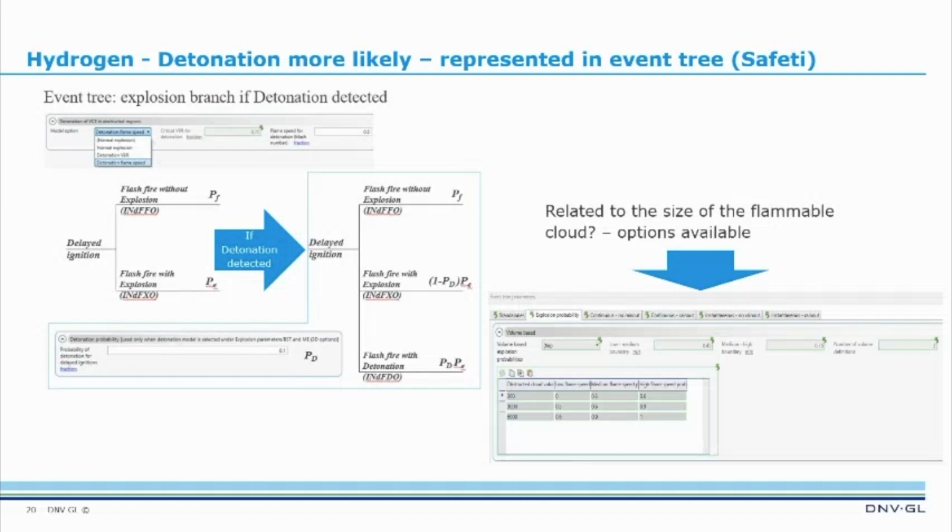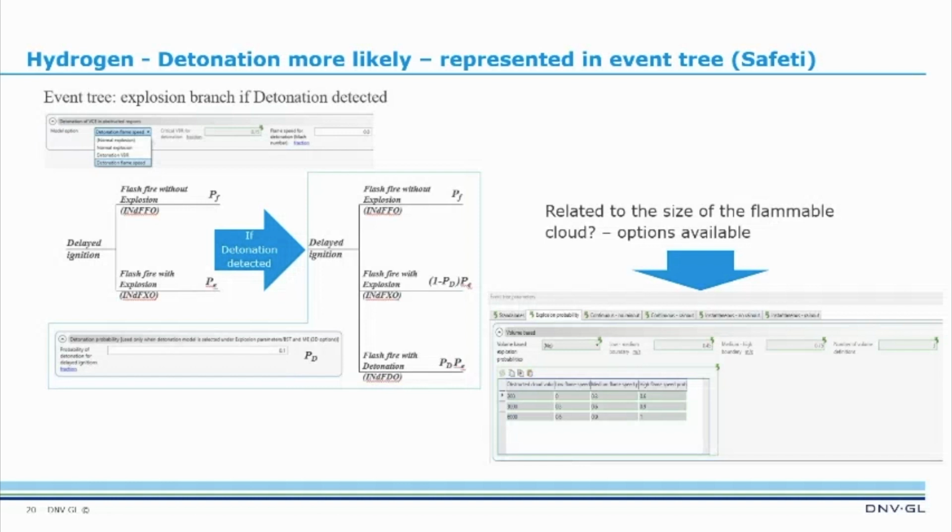And there's two criteria to trigger this, based on flame speed or characteristics of the obstructed region that the cloud finds. So it's not necessarily always going to detonate. It would detonate if it finds an obstructed region that's going to accelerate the flame enough to detonate the whole cloud.